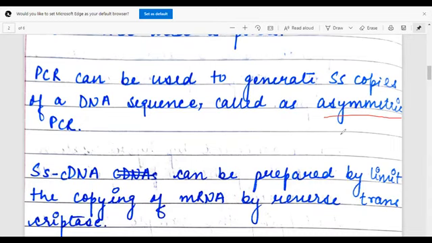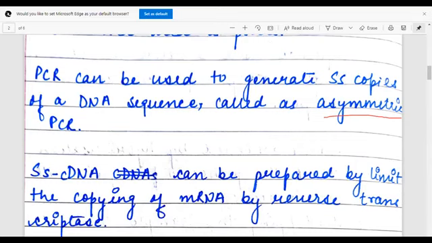In asymmetric PCR, we manipulate the primers in such a way that after certain cycles, say after 10 cycles, one primer is exhausted, so only one strand is amplified. Only the single stranded primer allows the extension, so one strand is going to be labeled. That can be used here.